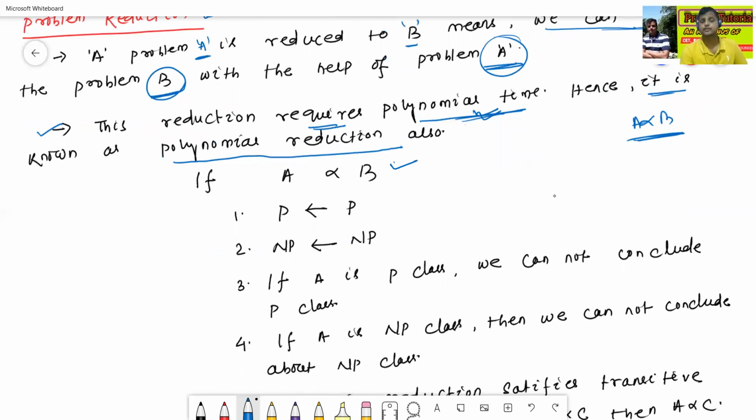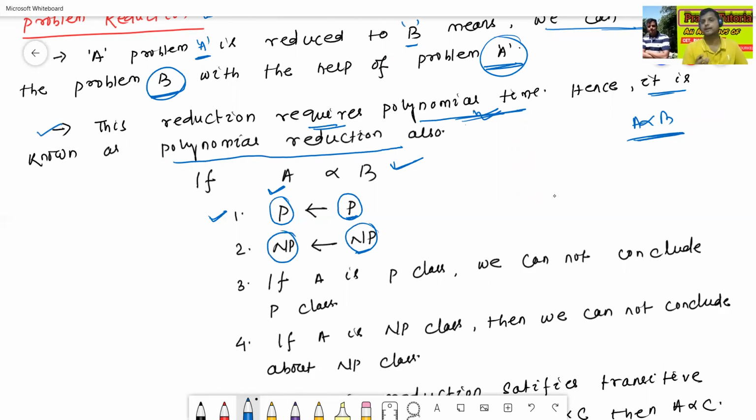Now we'll see the reduction process. If A is reduced to B, we can say that if B is polynomial class, then A is polynomial. This is very, very important. Similarly, if B is NP class, we can say that A is NP class.